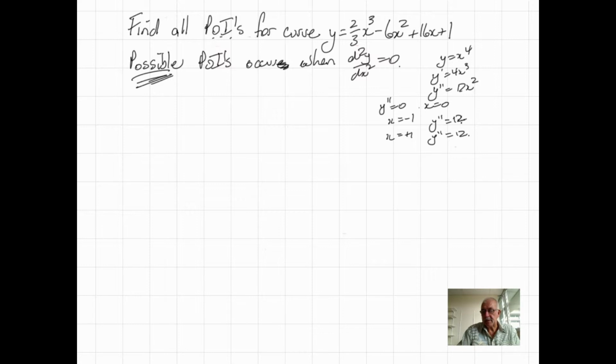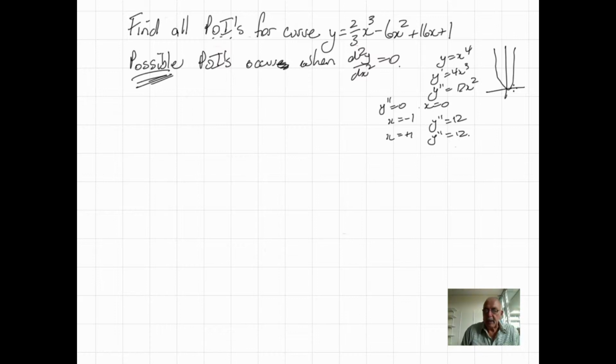Now that tells us that the concavity has not changed, and we have points of inflection occurring when the concavity does change. So that's just to highlight that you don't always get points of inflection when the second derivative is equal to 0. y equals x to the fourth looks like a very steep y equals x squared curve. So certainly you're not having a point of inflection occurring there, you actually get a minimum occurring there.